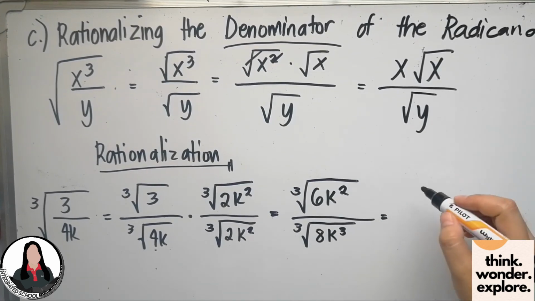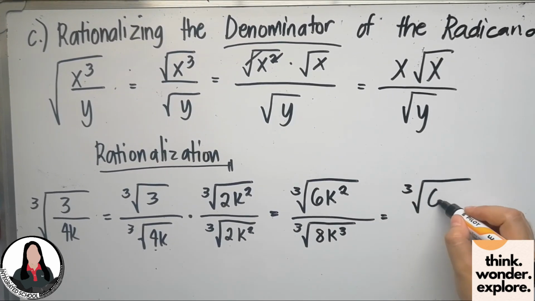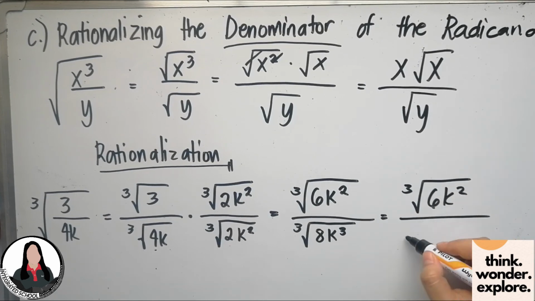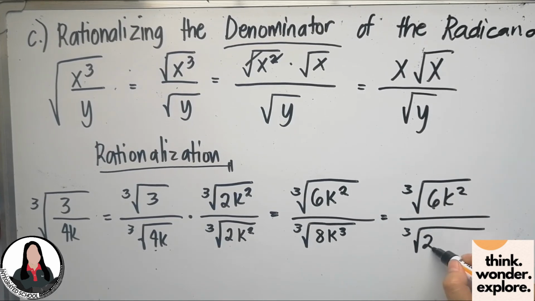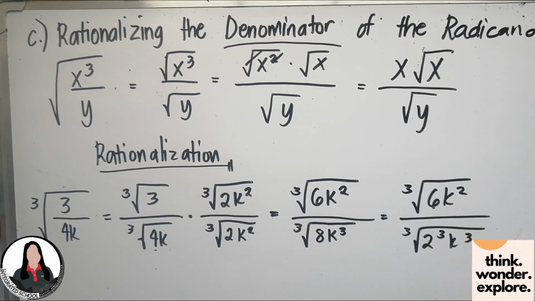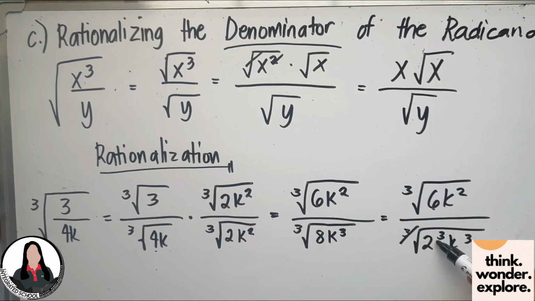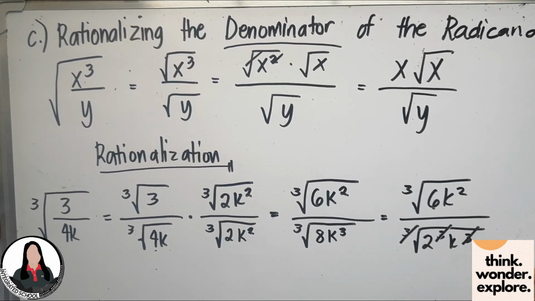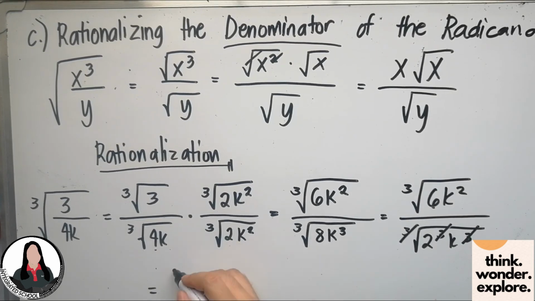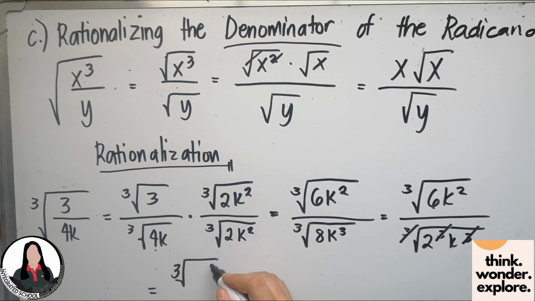Then, rewrite ulit natin siya as cube root of 6k squared all over the cube root of 2 cube k cube. Okay? So, makakancel na. Yun nasa denominator. Cancel natin yung ating index at yung ating exponents. Simply, this is equivalent to the cube root of 6k squared all over 2k.